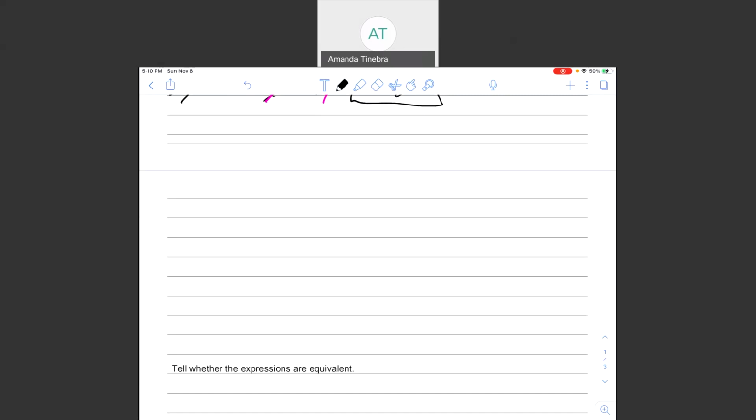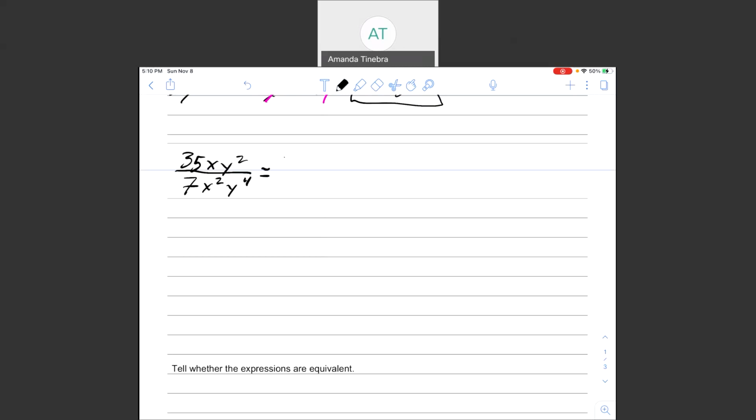So let's say we had, for example, 35x y squared over 7x squared y to the fourth. This has gotten a little bit complicated, so let's write it out without the exponents.